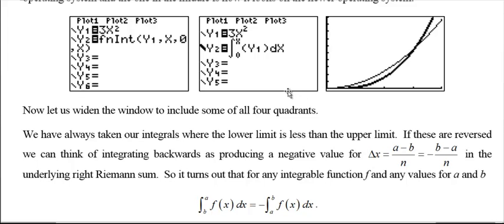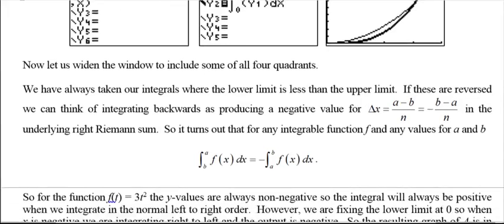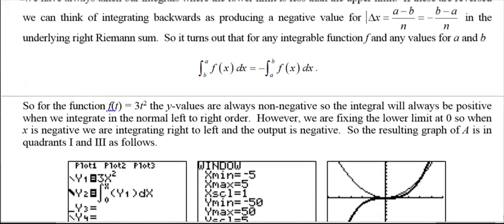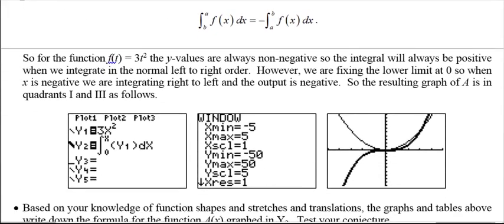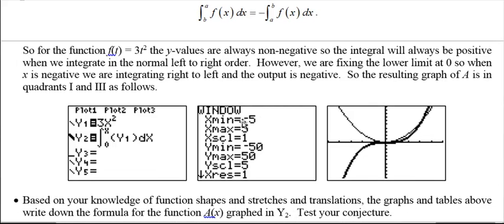So if we go 0 and we put a negative x, we're integrating right to left, and so that's going to give you a negative value for its output. So that's why whenever we change our scale, this time I went from negative 5 to 5 on x and negative 50 to 50 on y. That's why over here for negative x's our output is negative. And we get something like that. What kind of graph looks like that?